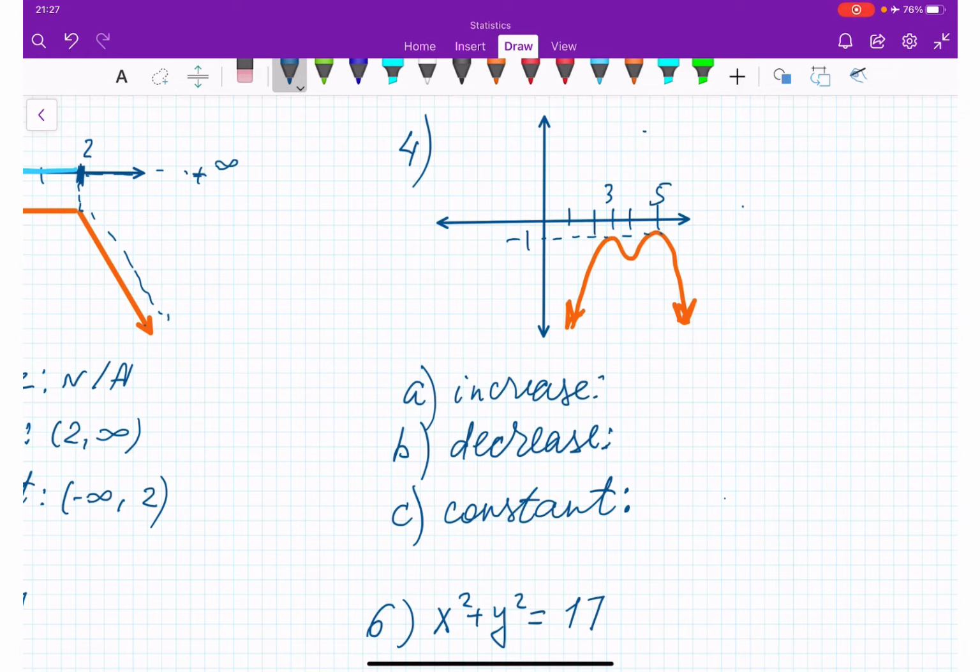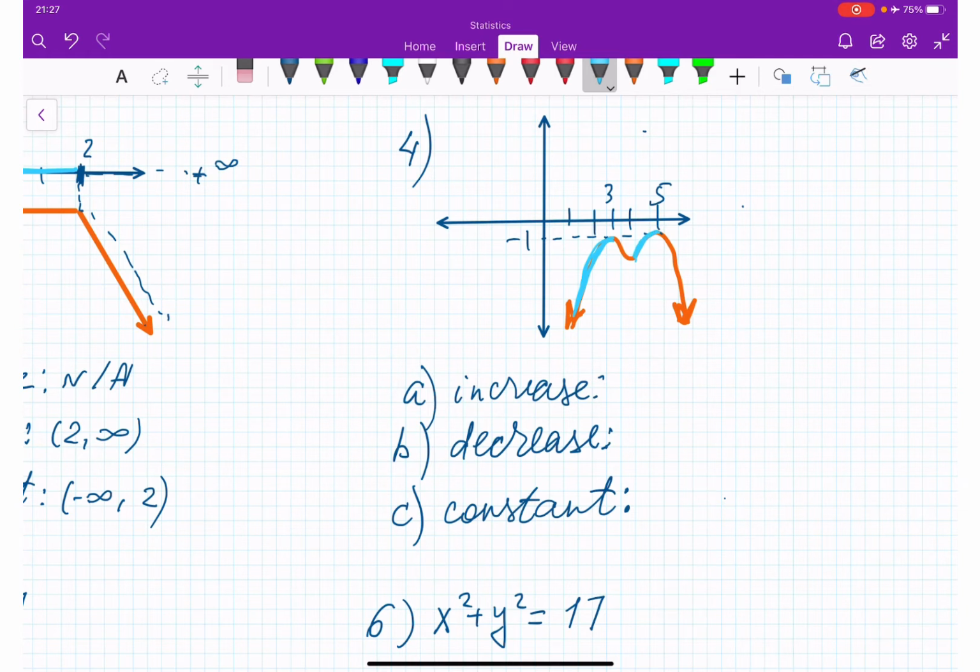So first of all, let's identify the increasing interval. So where is it increasing? The graph is increasing here on this interval, right? And then it's increasing from this point to here. On this interval, it's increasing.